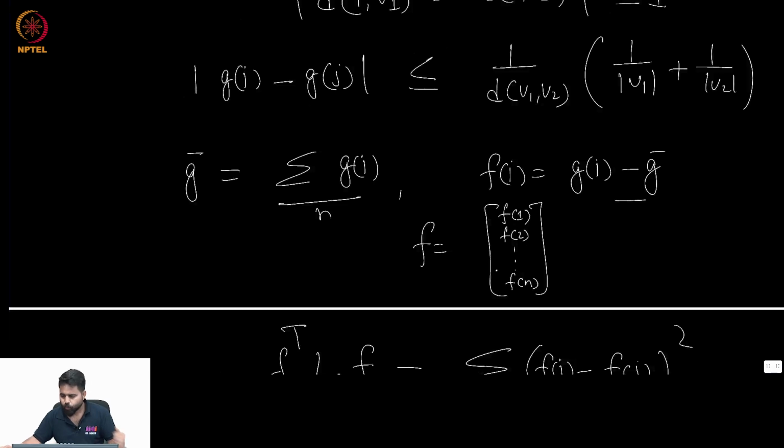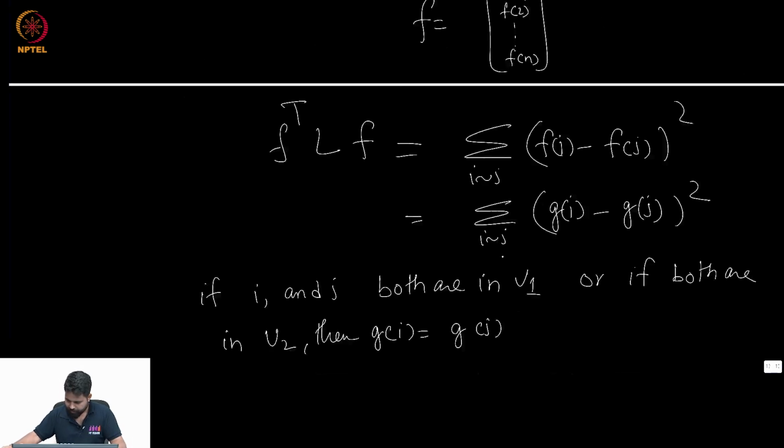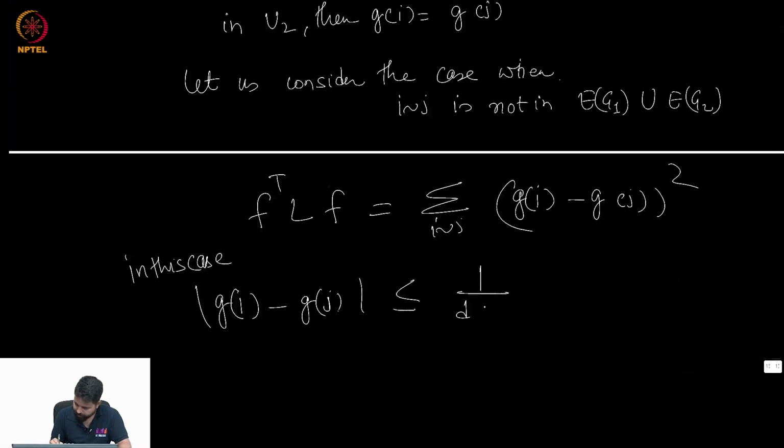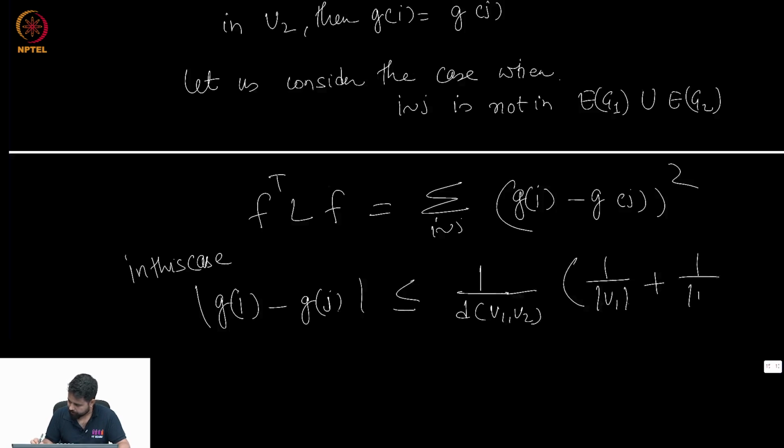It was 1 divided by the distance between v1 and v2, times the quantity 1 over mod v1 plus 1 over mod v2.